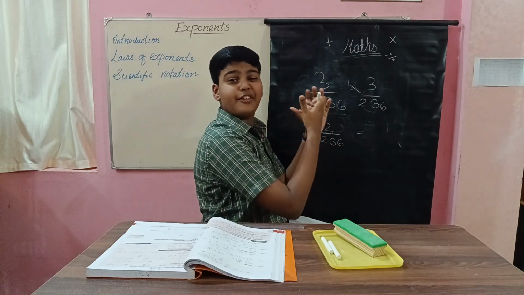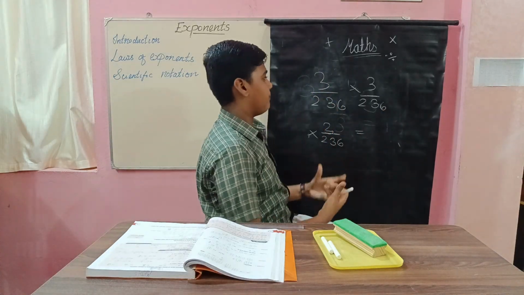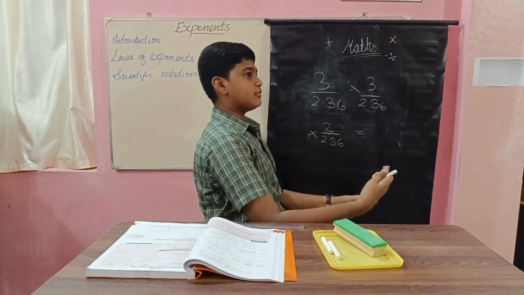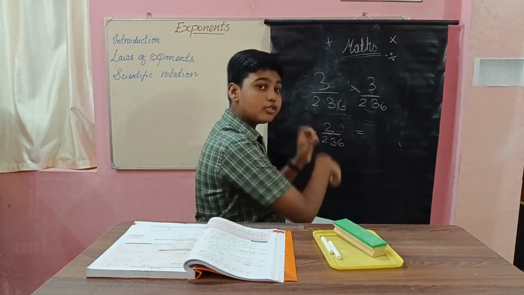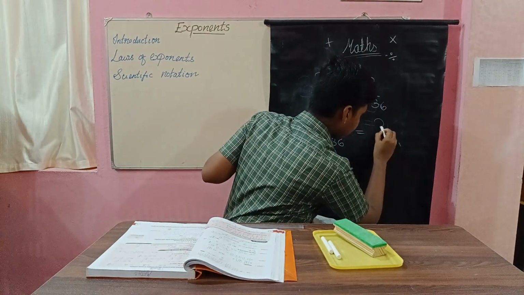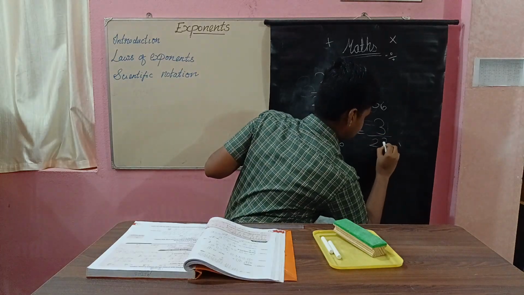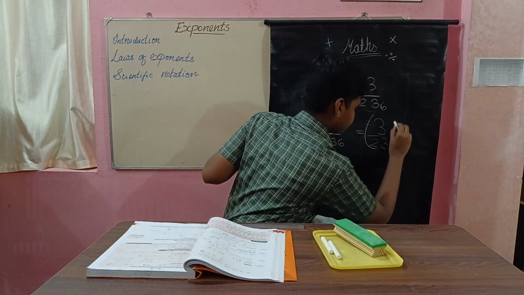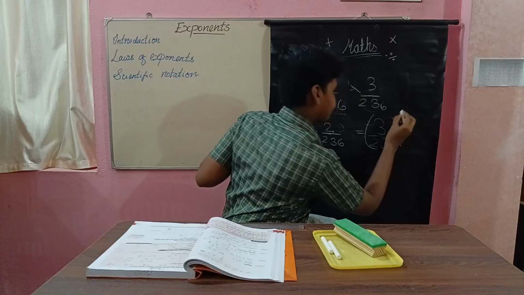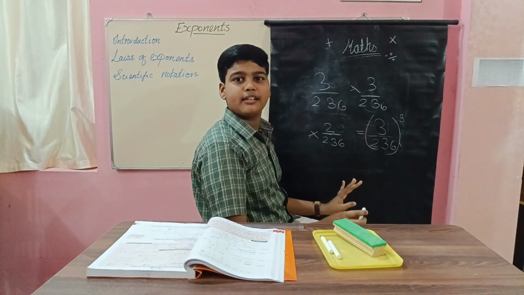This seems like a very complicated sum, but it is simply 3 by 236 multiplied by itself three times, which is (3 by 236) to the power of 3. It's very easy. Can you understand?